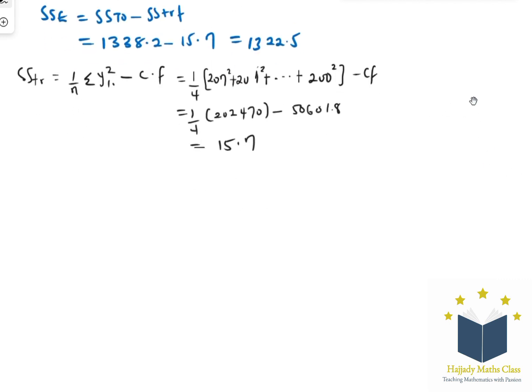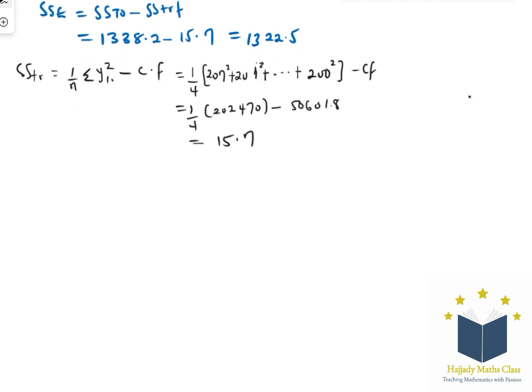So now we've calculated our SSC, SSR. Let me just write it out again. Here, my SSE is 1322.5, SS total is 1338.2, and SS treatment is 15.7.